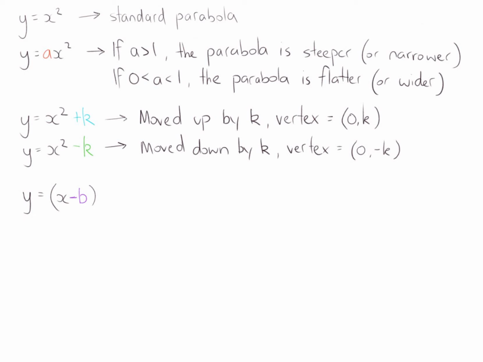While we generally think of negative as moving to the left, in this case we need to remember that a negative value moved our parabola to the right. It's at the value of b, 0, that we would now have our vertex.